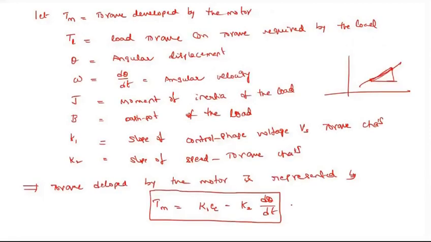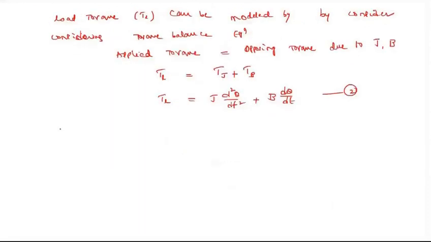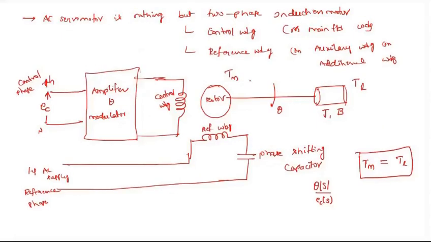Now, I already considered the torque developed by the motor as equation number 1. At equilibrium condition, Tm is equal to TL, because if you do not equate the torque developed by the motor and the load torque, you will not get the transfer function.